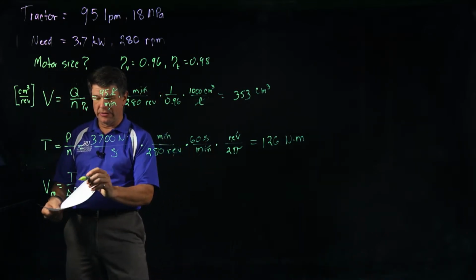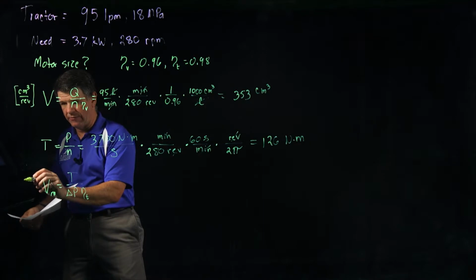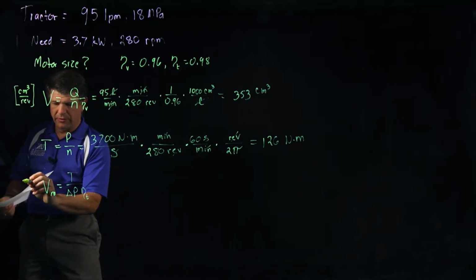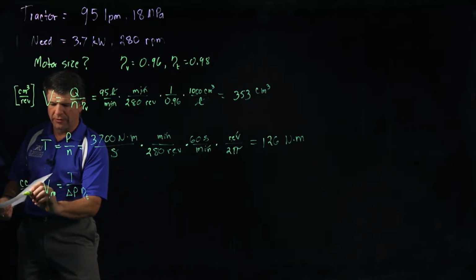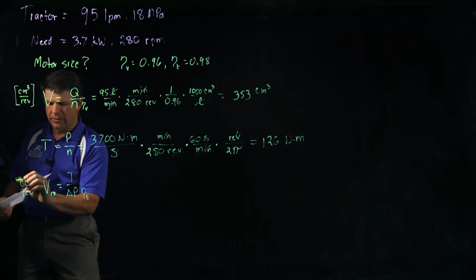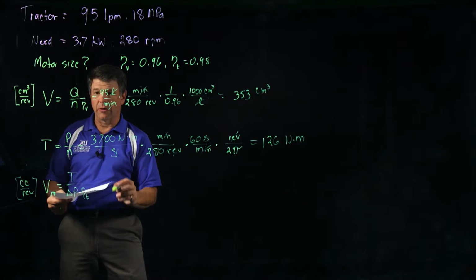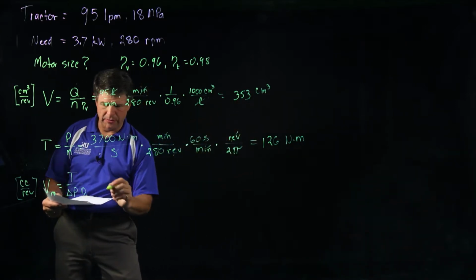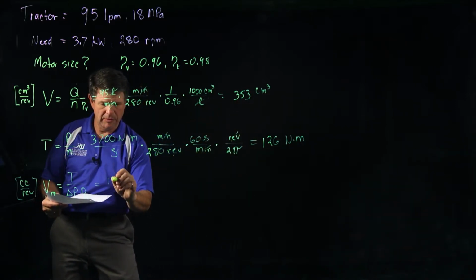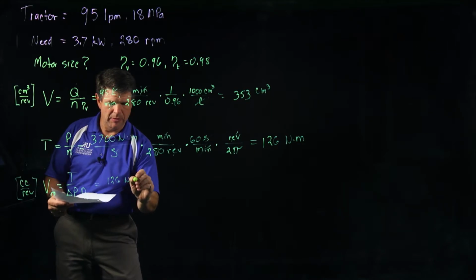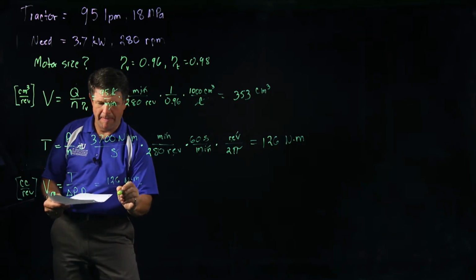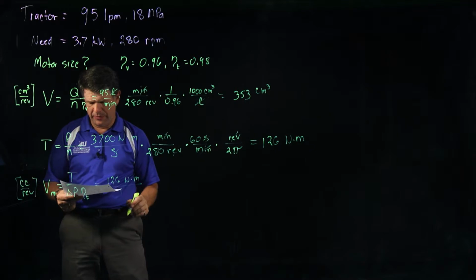All right, so let's run this out. Find out again what we're after here in units. We're after cc's per revolution. That's the units that I ultimately want. So torque, what's my torque? I need to develop 126 Newton meters. All right, and that's over 1.